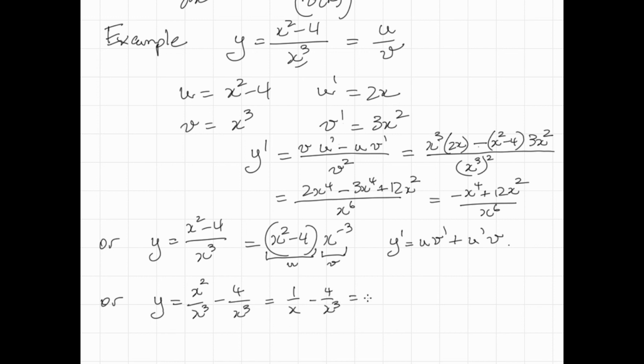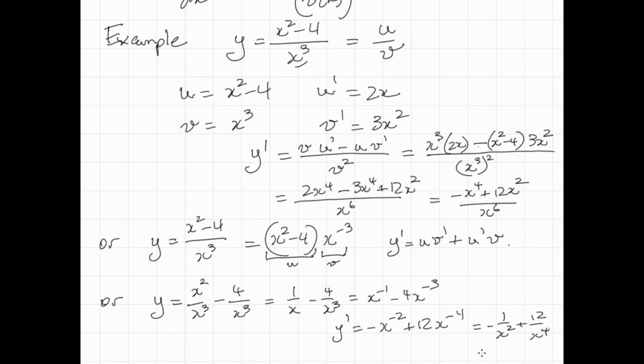We can then say that's x to the minus 1 minus 4x to the minus 3, and then we can say that y dash is equal to, now the derivative of that is negative x to the minus 2, and then the minus 3 times negative 4 will be plus 12x to the minus 4, and that will be equal to minus 1 over x squared plus 12 over x to the 4th.